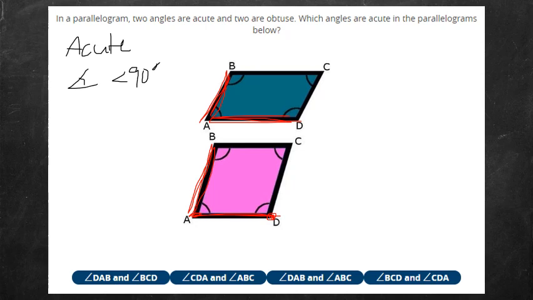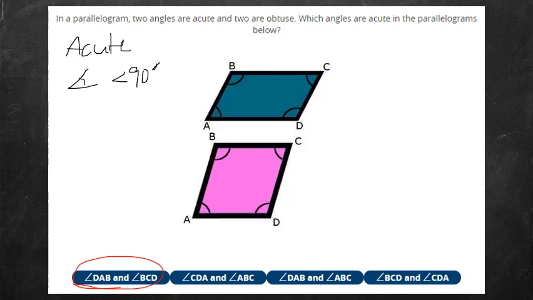So DAB is an acute angle. Let's look at BCD. If I look at BCD, these are B, C, and D. Are those acute angles? Yes, because they measure less than 90 degrees. Okay? All right. Let's erase these, and we're going to select this as one of our answer choices.